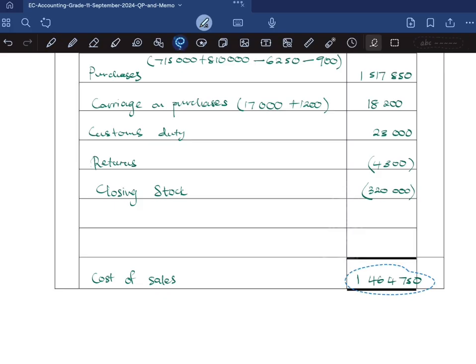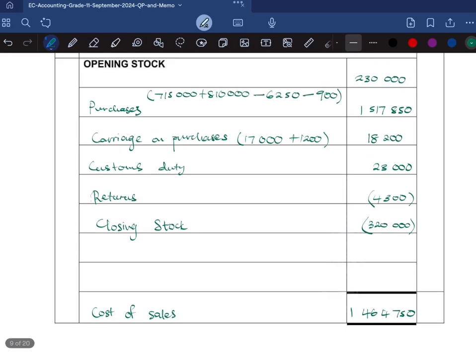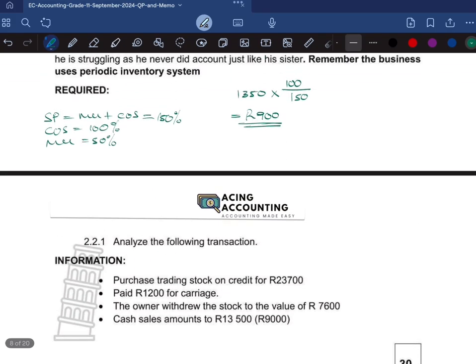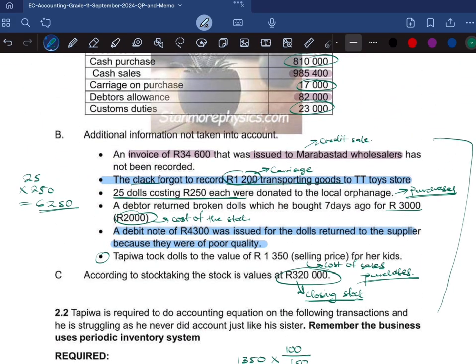And then that is just what we have for our cost of sales calculation, right? So the important thing to do is first understand your additional information and what it needs you to do, right? So don't just read haphazardly and think that you know, okay? Because examiners like putting in tricky stuff, but most usually the transactions are similar. You just have to find the differences between the past papers that you do, okay?